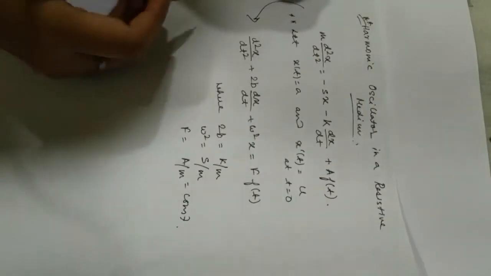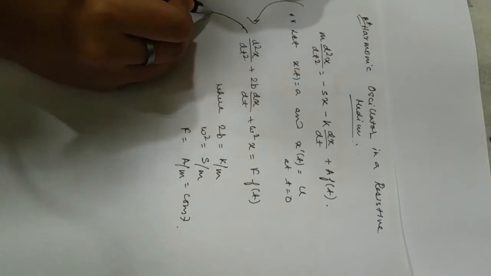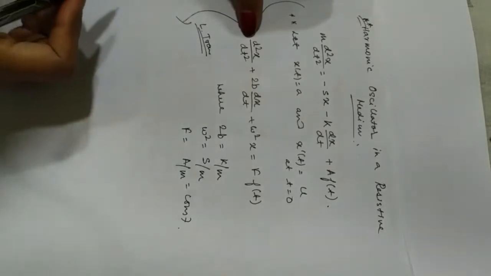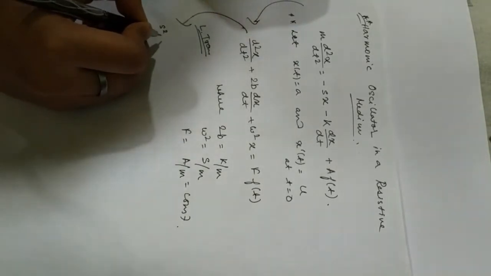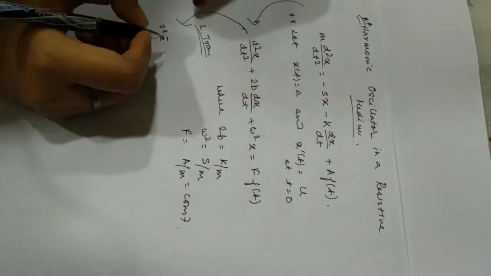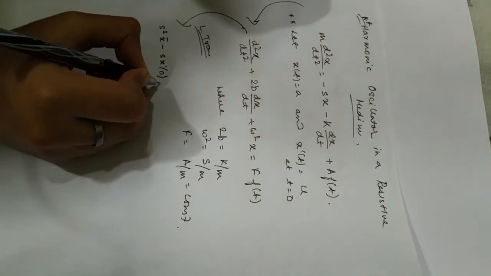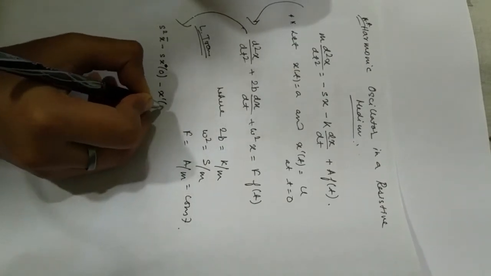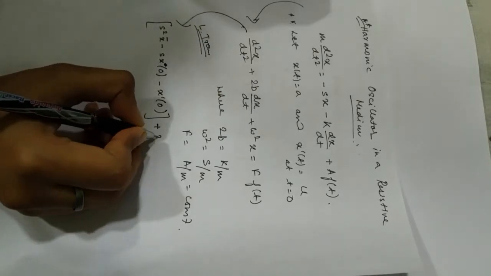Okay, so like we have said just now, to solve it, first we will take the Laplace transform of this equation, right? So taking the Laplace transform of this equation, we get s square x bar, where x bar is nothing but the Laplace transform of x, right? Minus s x prime 0 minus s x 0 minus x prime 0. I'll write it again. Okay, plus 2b.